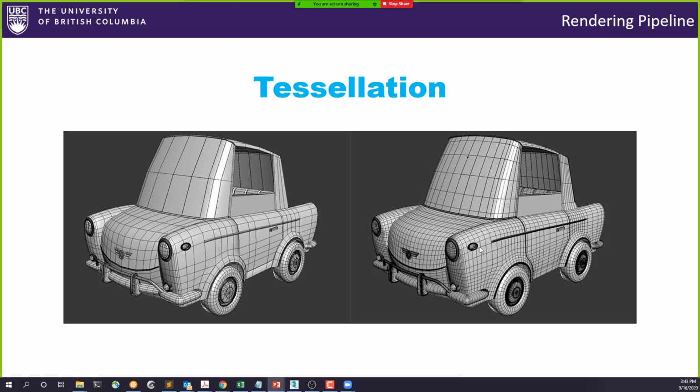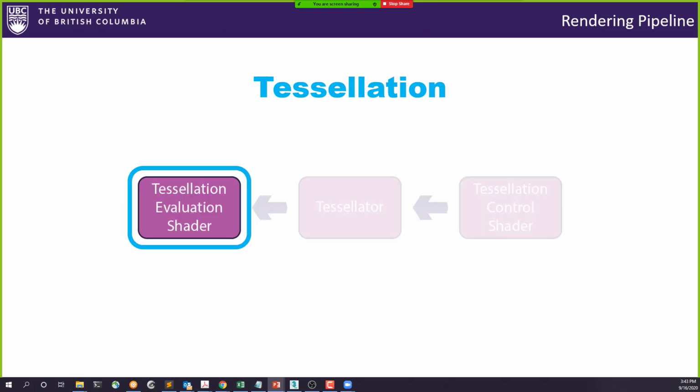They are new triangles created in the tessellation section. So you need to recompute the normals and everything. That is the job of the tessellation evaluation shader. It does this by interpolating data from the original vertices, exactly as I mentioned already. The normals are going to be interpolated using the original data for these new triangles.